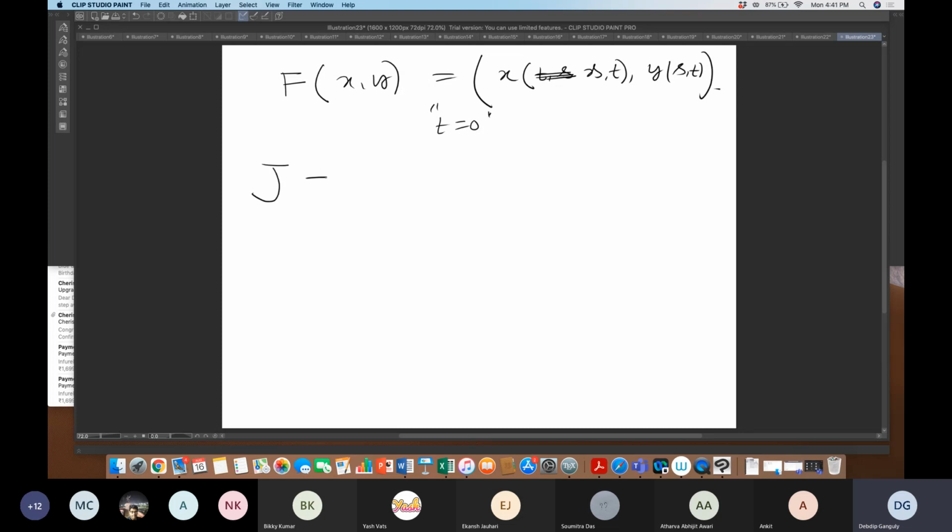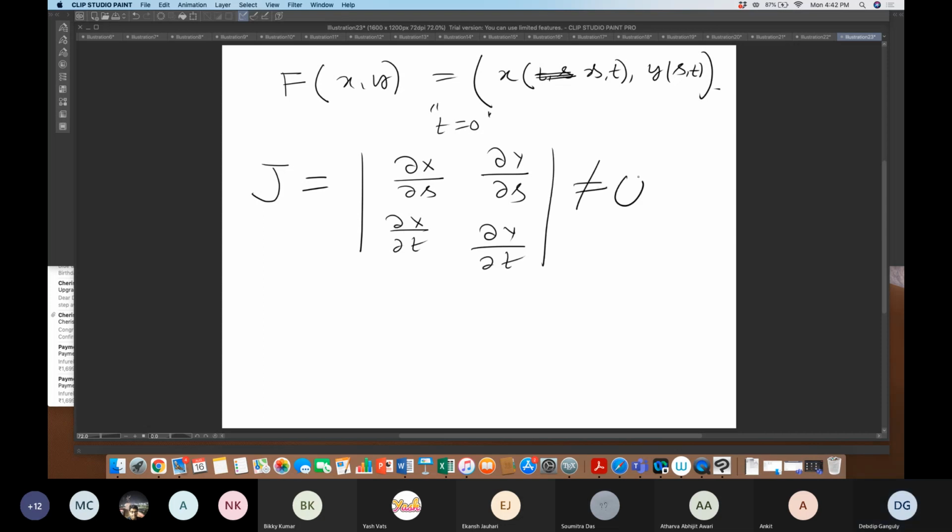Now, what is the meaning of it? What is the Jacobian of this map? Anyone? It is the matrix del x by del s, del x by del t, del y by del s, del y by del t, and take the determinant. This is called the Jacobian.